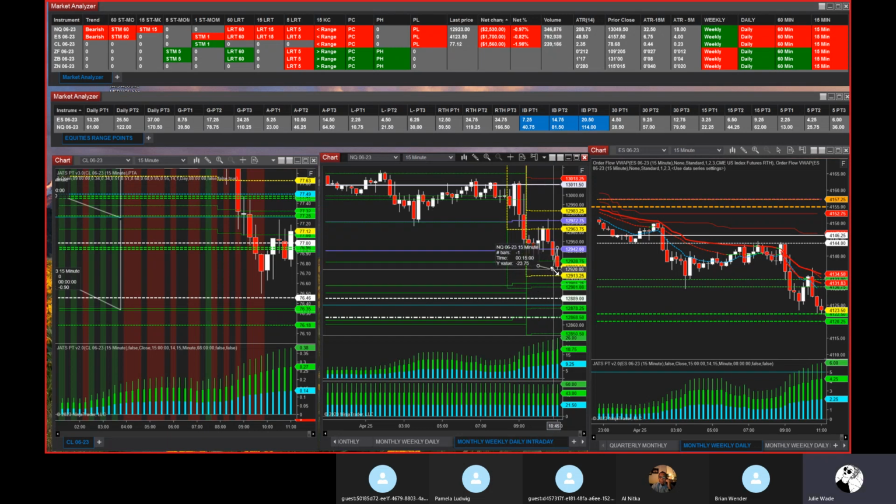Right here where we are. So it just hit the 22.25. Target reached. And if it continues, then 44.25, potentially the range.